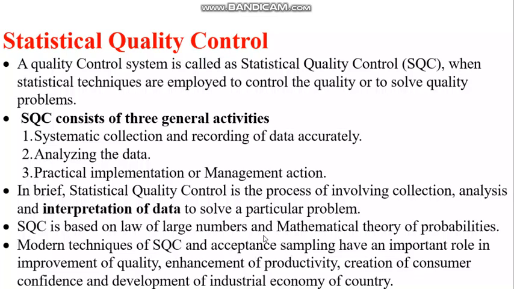This we are going to study after we finish statistical quality control. So SQC also we are going to see, and acceptance sampling also. These two things play an important role in improving the quality of the products, enhancing the productivity, creating consumer confidence, and on the whole the development of the industrial economy of the country. These techniques have been used.